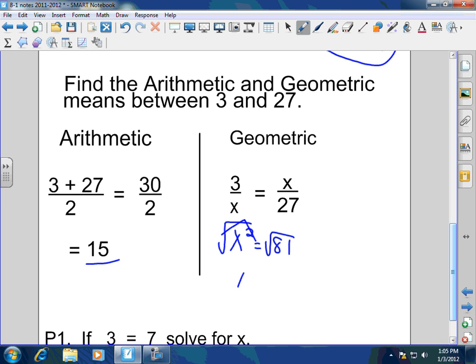They cancel. X equals plus or minus 9. And that would be the geometric mean. There would be two answers in this case, a positive and a negative. If we were talking about a shape or a figure, of course, the negative, you'd have to plug in to find out if it was positive or not. Does that make sense, gentlemen?